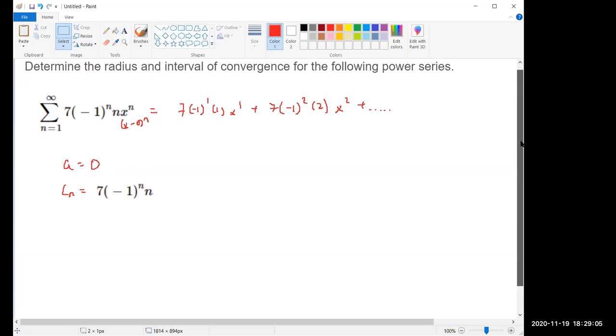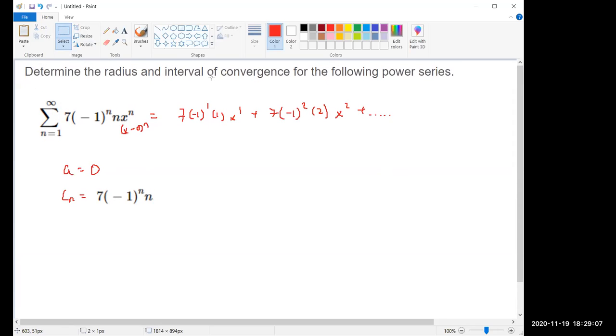To find the interval of convergence, I would say 75% of the time it's usually the ratio test, so I would say always try that first, and if that doesn't work, then try the root test. Let's see what happens if we try the ratio test. a sub n is this.